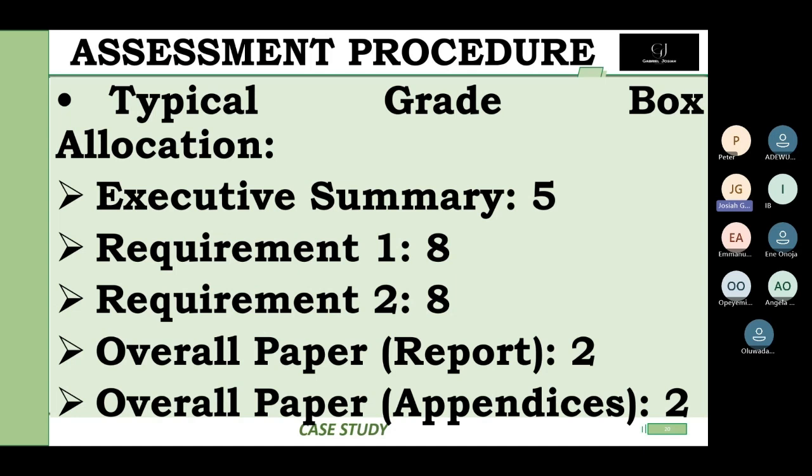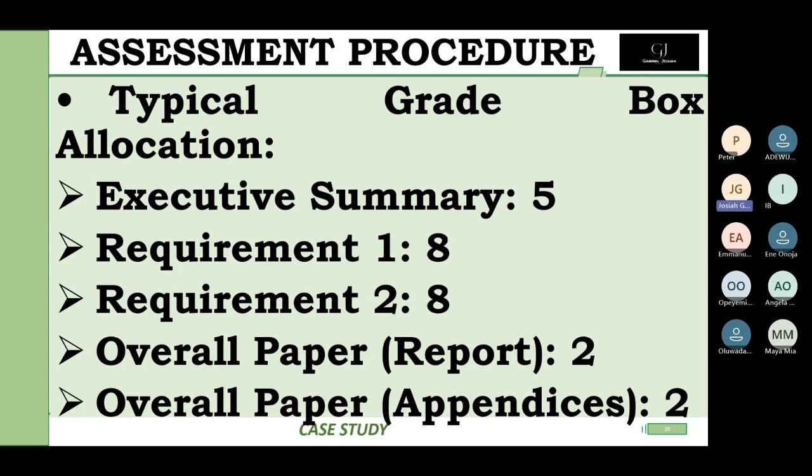Let's say the executive summary, you have 5 points you need to speak to or be guided by. Then for requirement 2, you have the same thing, 8 boxes. Then for the overall paper, 2 boxes or 2 points you need to speak to. Then for the appendices, you need 2 points to speak to. So if you calculate it, executive summary 5, requirement 1, 8, that is 13. Requirement 2, 8, that is 21.